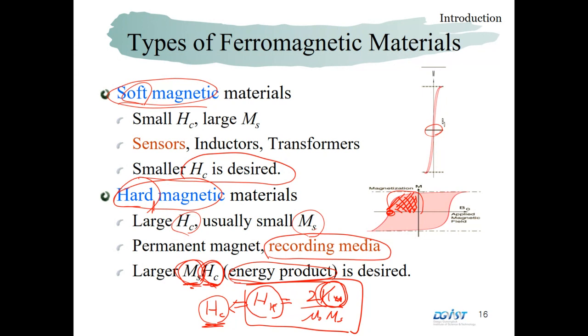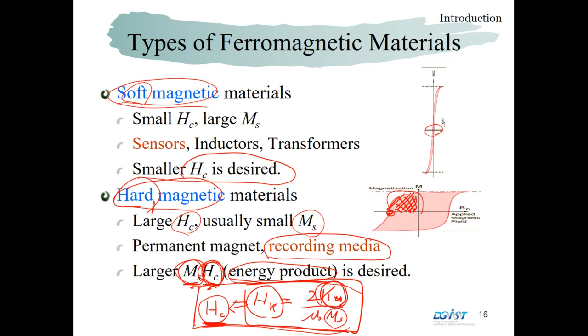But if you design a permanent magnet with a large HC, usually you need a small MS. So if you understand this relation, if you have a given material with the given Ku, anisotropy energy, and you have a smaller MS, you can obtain a large HC. You can see this result in ferromagnetic materials.